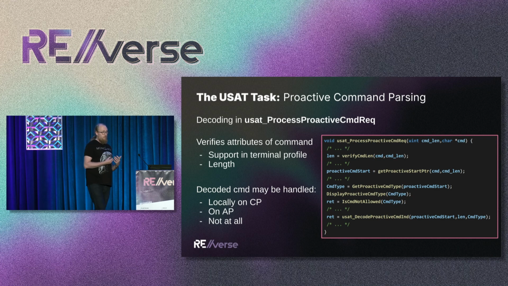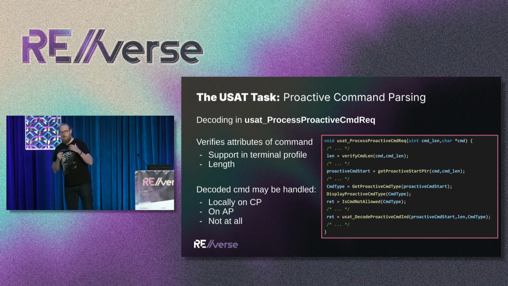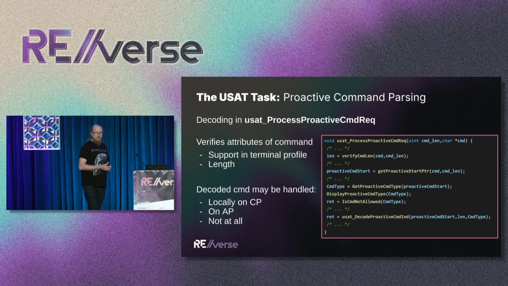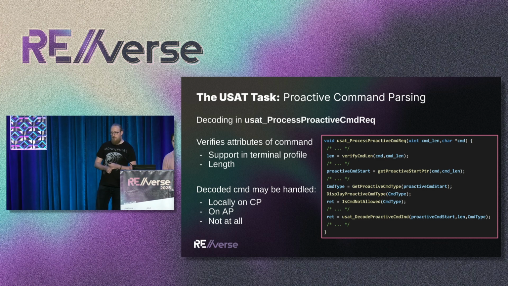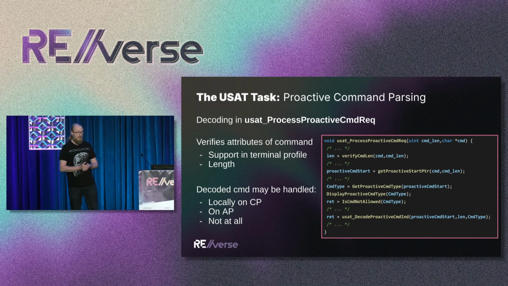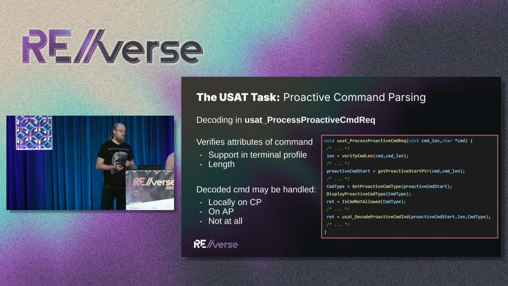Now, for proactive command parsing, there's a user task, right? The Universal SIM Application Toolkit. And this has a lot of different functions, but there's one really large function which is responsible for the decoding of incoming proactive commands. So this is in the baseband firmware. We reverse engineered it, stared long enough at it, and we saw that this function verifies the attributes of the incoming commands.